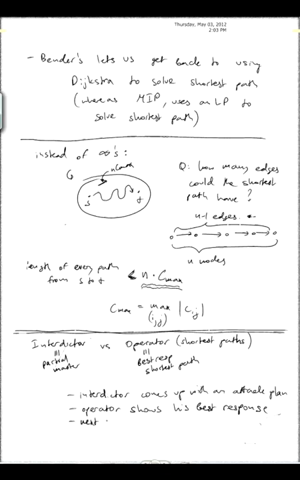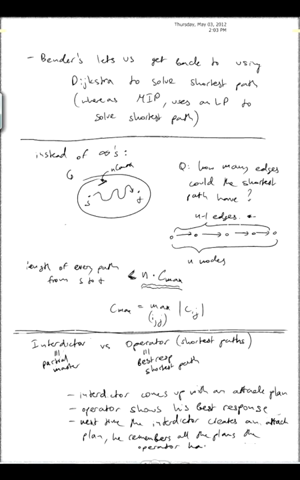So next time, the interdictor creates an attack plan. He remembers all the plans the operator has shown.